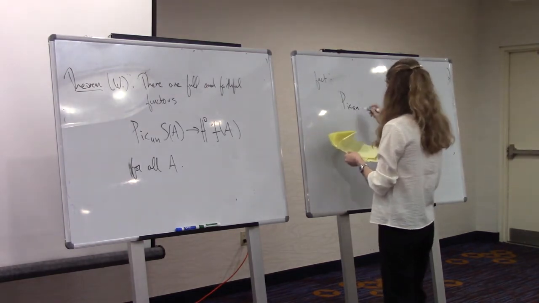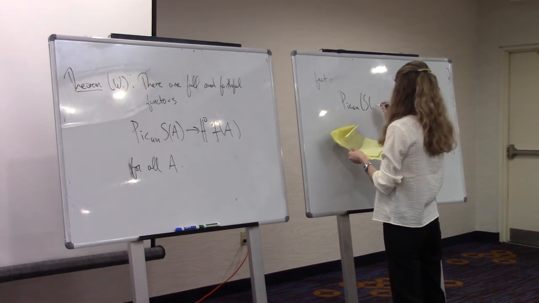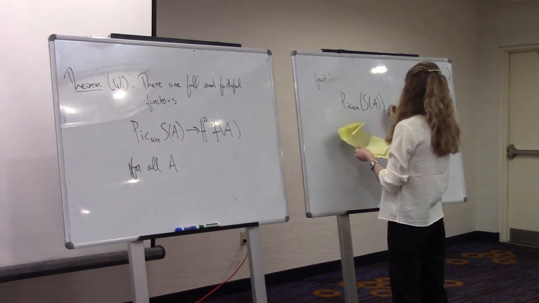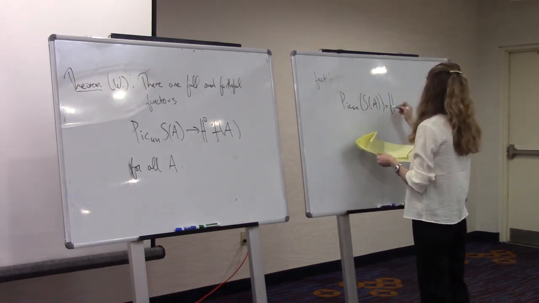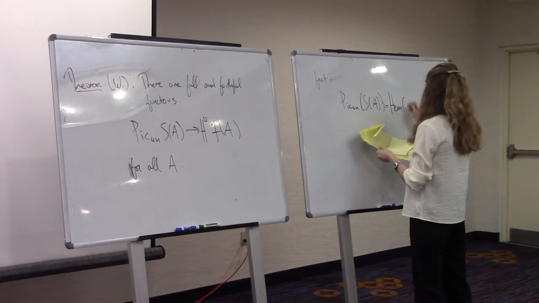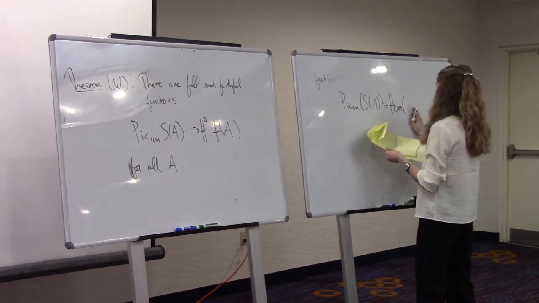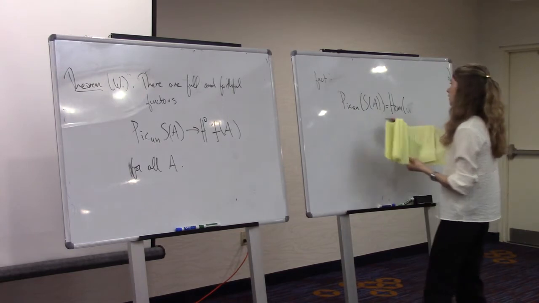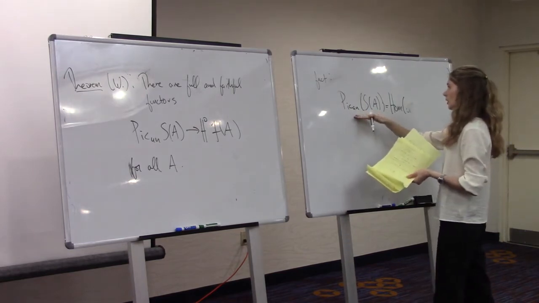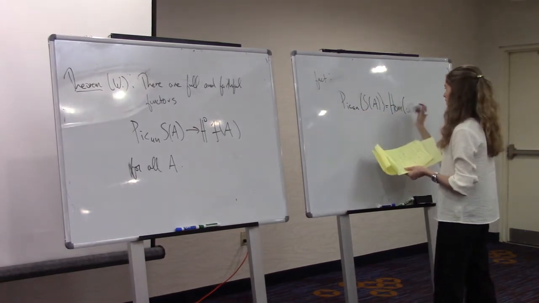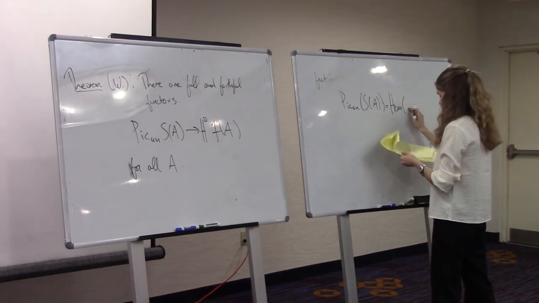This analytic Picard group is equal to Homs. You can express any line bundle on your surface S sub A in the following way.